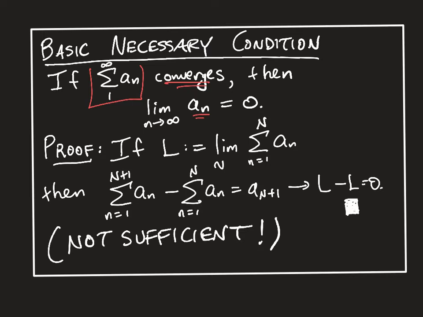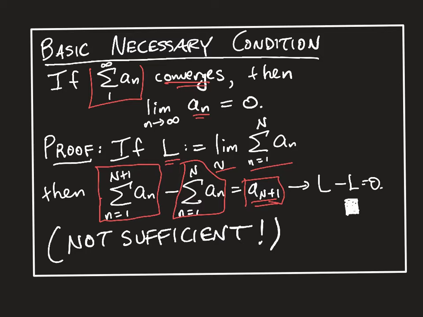Well, if the series converges, then the limit of partial sums equals some number L. And here's the (n+1)st partial sum subtracted from the nth partial sum. These both have to tend to L, but this difference is the (n+1)st term of the sequence. So this tends to L minus L, which is 0. So the terms tend to 0.